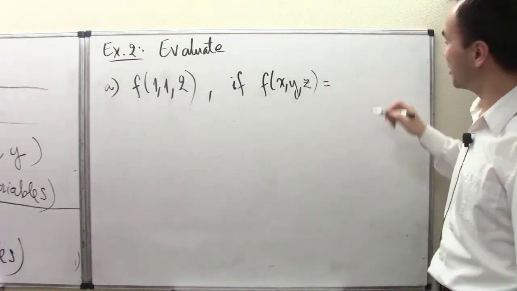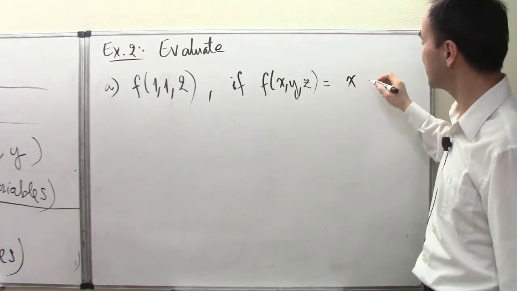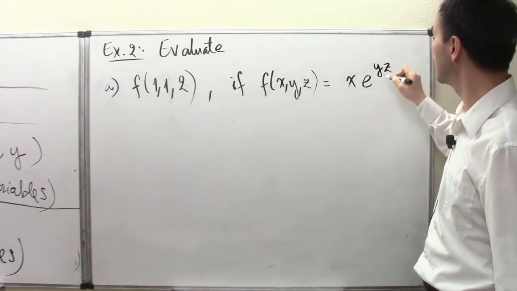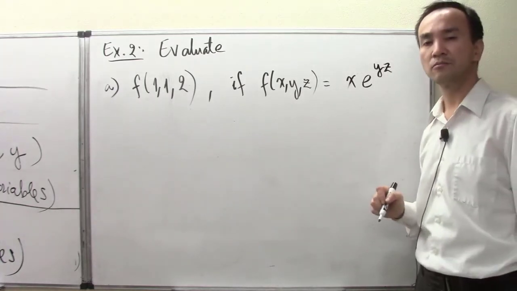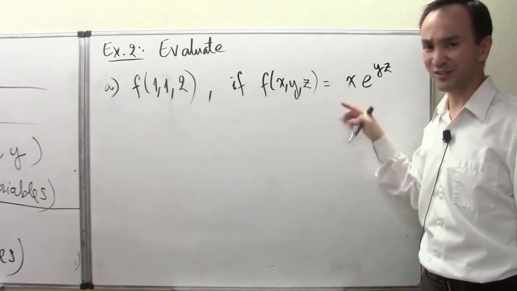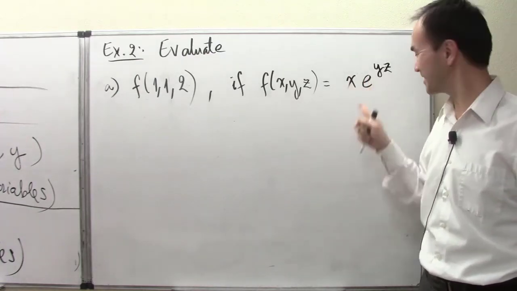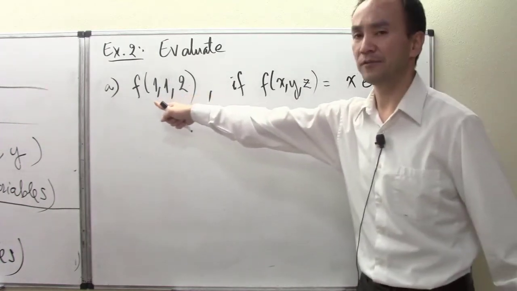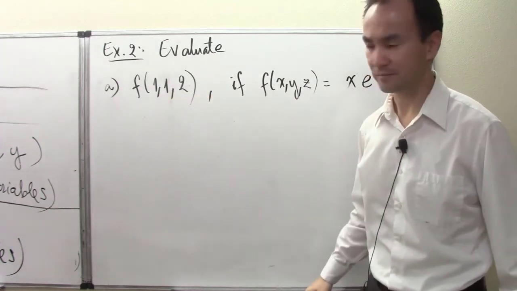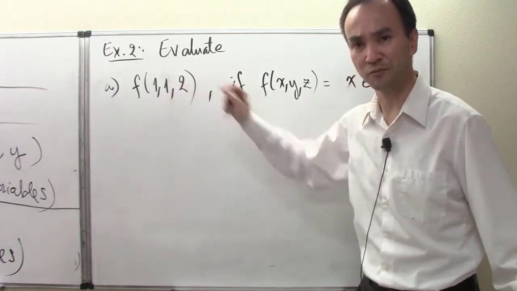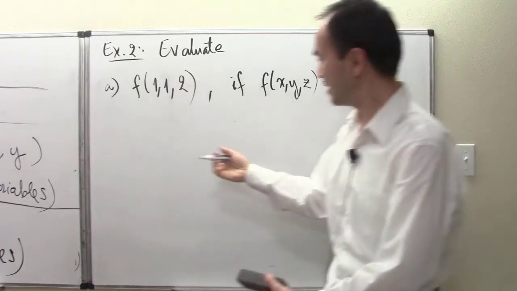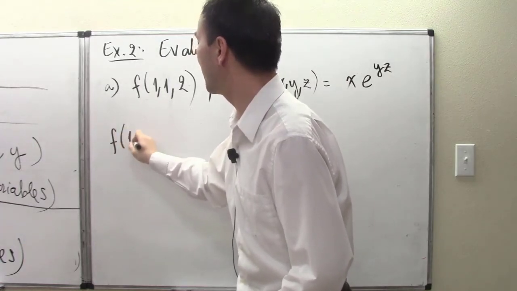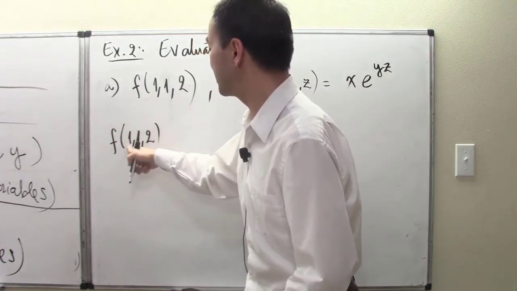Okay, so here we go: x times e to the yz. All right, 3 variables present. E is a constant, so that doesn't count. It's a letter still, but it's just a constant. Okay, so now f of 1 comma 1 comma 2. Evaluating this, x equals 1.